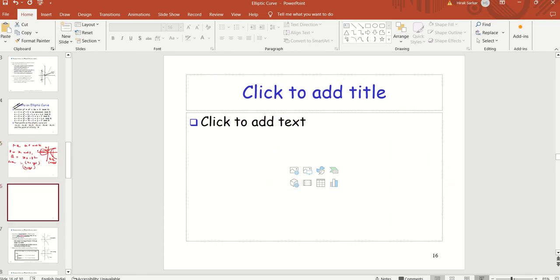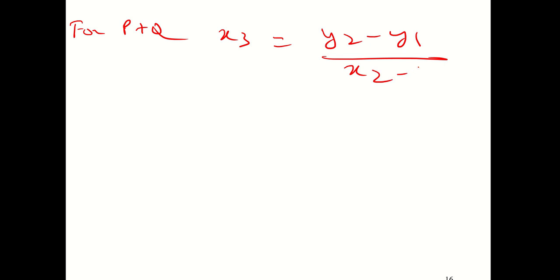For P plus Q, x3 equals ((y2 minus y1) over (x2 minus x1)) whole squared, minus x1 minus x2. All these expressions you need to write down.